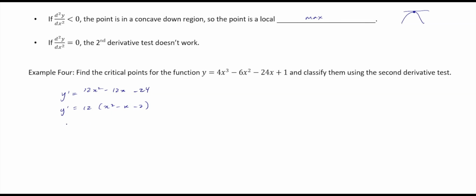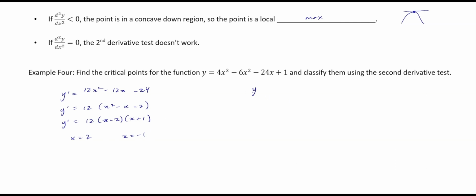Maybe we have, maybe we haven't. Here we go, and I factor this. So I've got two critical numbers: x is equal to 2 and x is equal to -1 would cause the first derivative to equal 0. That means 2 could be a max, a min, or a flat POI, and -1 could be a max, a min, or a flat POI.